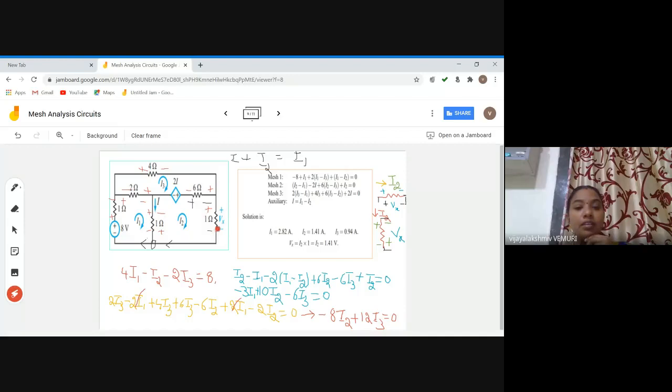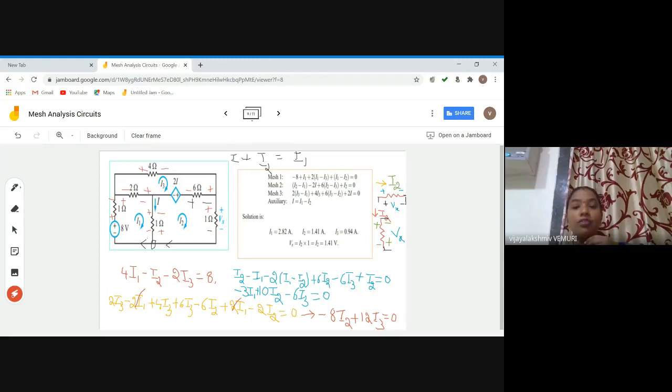So both have the same polarity, meaning the sign conventions according to the I2 current are the same as those of Vx. So if you multiply I2 into 1, you will get Vx.